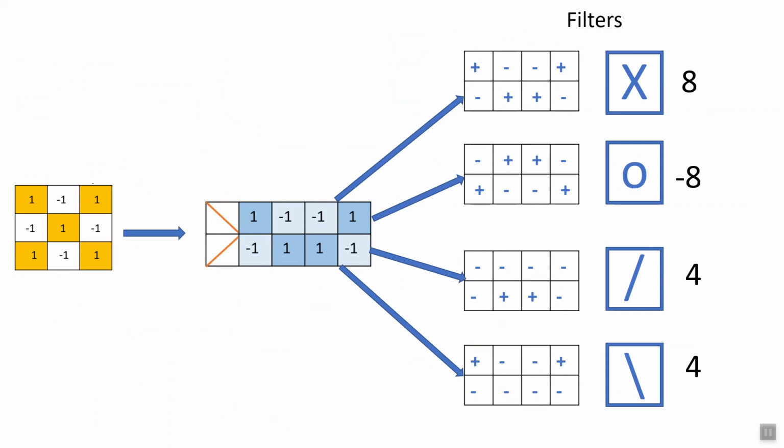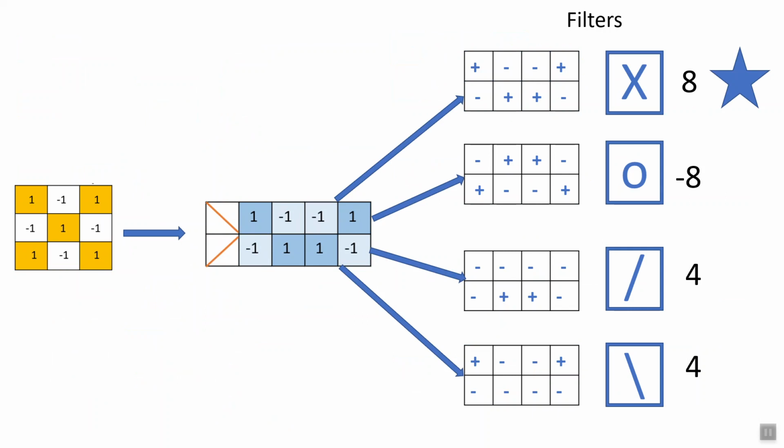So using these values we can say that the maximum number is going to match with the input figure. The biggest value is the winner. So we conclude that our 3 by 3 pixel image on the left side is an X.